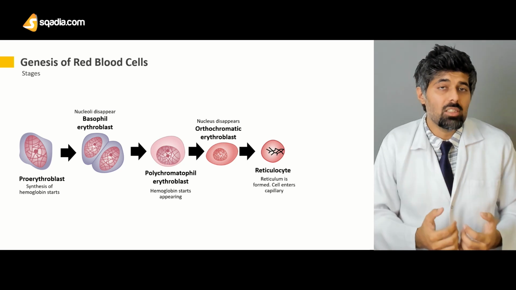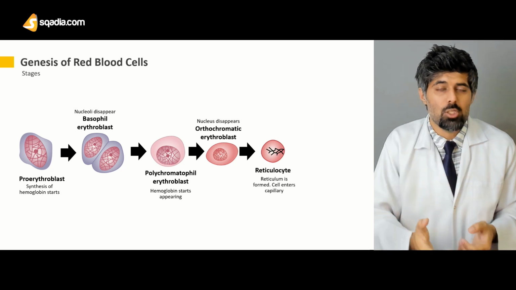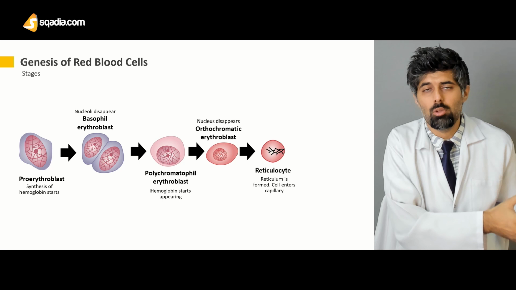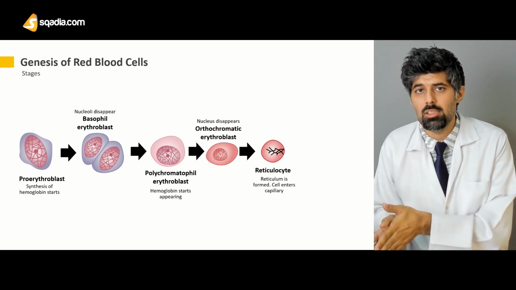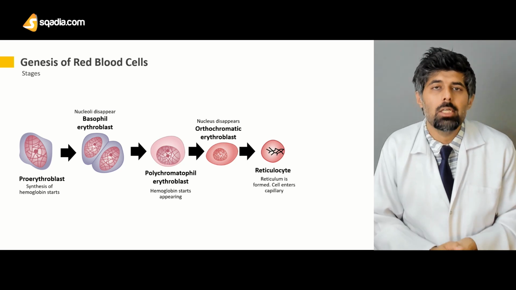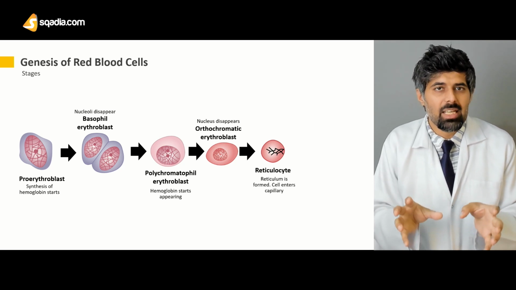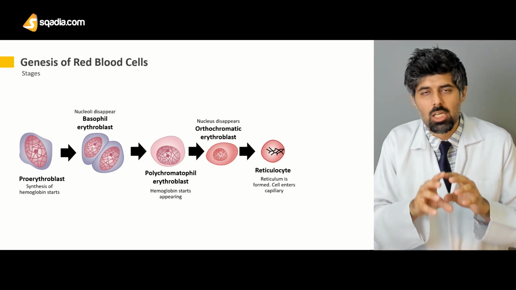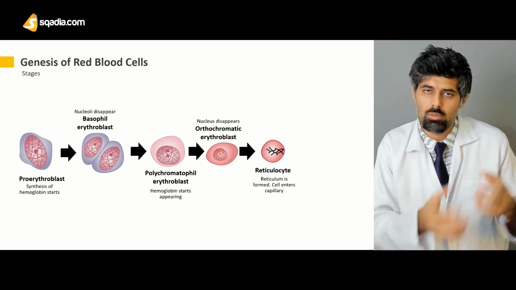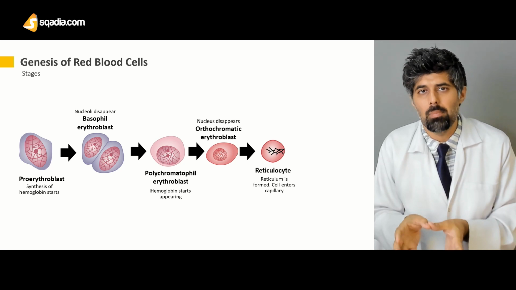When it enters the bloodstream, the maturation from the reticulocyte to the biconcave RBC takes place. It is called the reticulocyte because it contains a fine reticulum inside it, which can be easily viewed both in the marrow and in the blood.